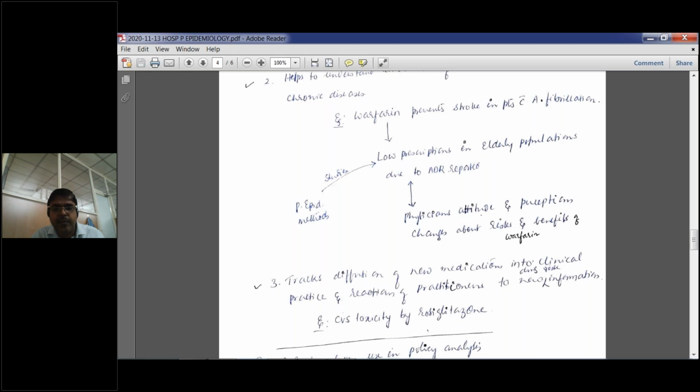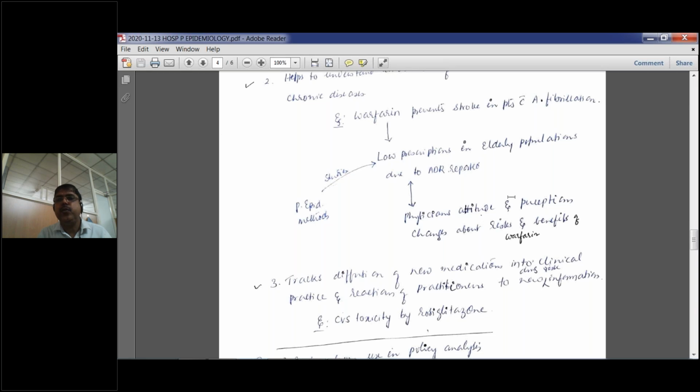How the physicians are reacting to the new medications, especially the serious toxicity produced by rosiglitazone. This is an anti-diabetic drug. It put the physicians away from rosiglitazone prescribing. So such kinds of reactions can be assessed. Right? Any doubt in this concept?